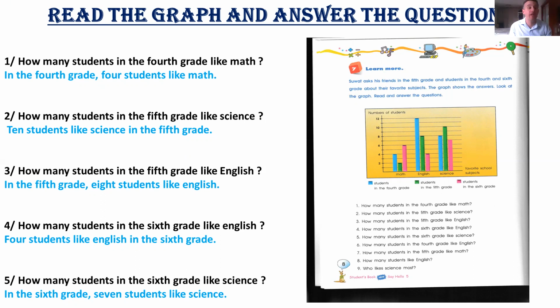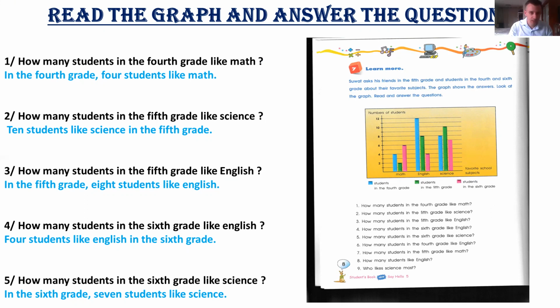So you can change, like "in the 4th grade, 4 students," or "10 students like science in the 5th grade." You can change the order, okay? And it's more comfortable when somebody must read. It's a bit better, okay?